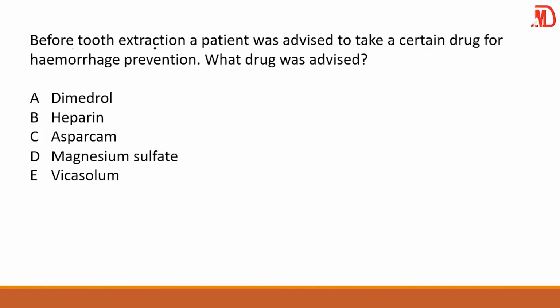Okay, so now before tooth extraction, a patient is advised to take a certain drug for hemorrhage prevention. Of course, you're going to remove your tooth, so there could be hemorrhage. What drug will you give? You are looking for a vitamin K supplement, and here that is Decasolon.